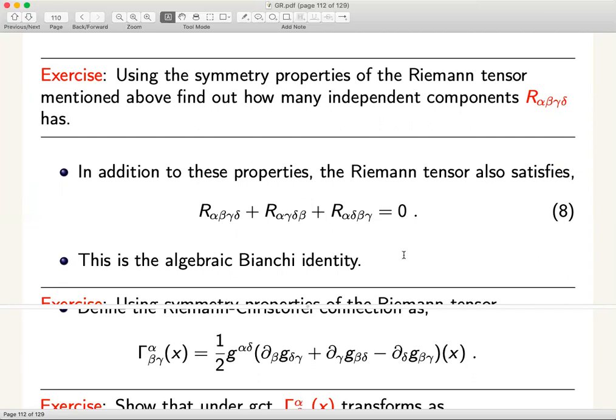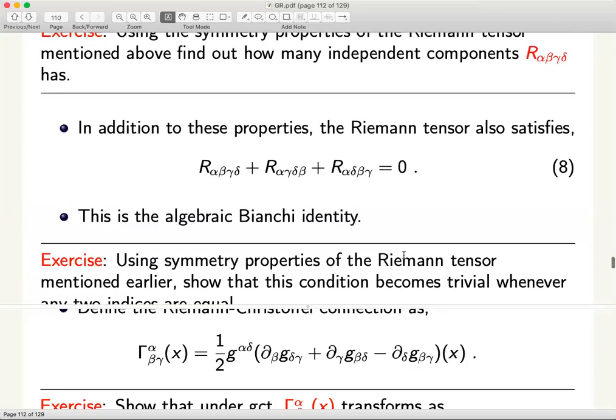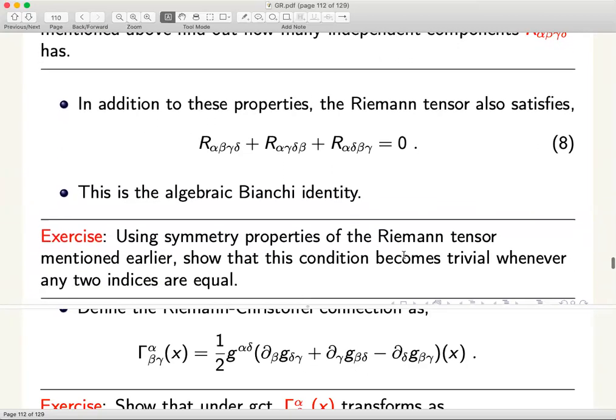Fine. Now there is a small exercise here also, and that is the following. You already know that it is antisymmetric in first two indices and antisymmetric in last two indices. So there is no point setting alpha equal to beta, because it is already antisymmetric, right? Similarly, gamma equals delta, right?